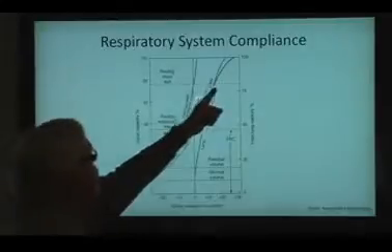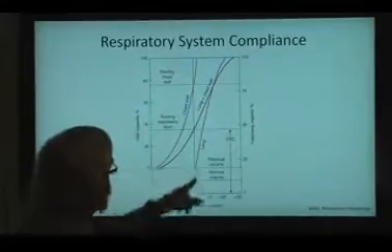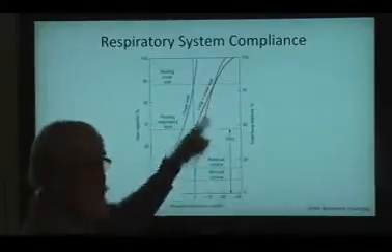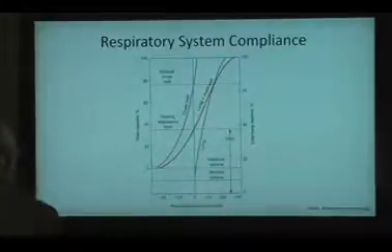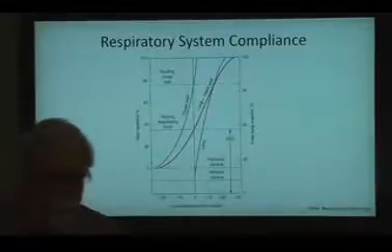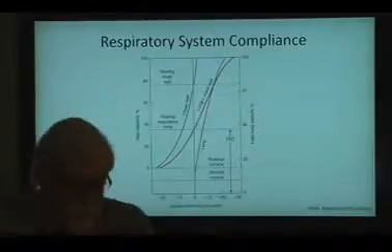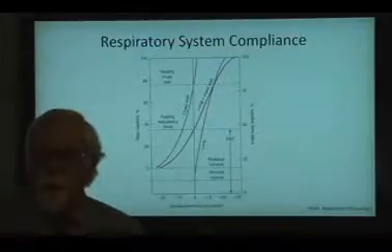So if you took me and you stripped my lungs out, my chest wall would go out like this. The lungs have a tendency to collapse. So over most of the lung volume, the pressure in the lungs is positive. If you took my lungs out of my chest wall, put them on the table, and measured the pressure inside the lungs, it would be a positive pressure because the lungs are trying to collapse inward.